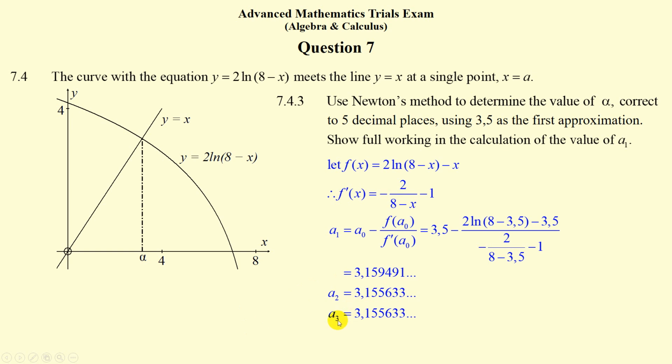And then we put recall memory in again, and we end up with exactly the same answer. So that's fine. We now have a repeat of the answer. We're not going to get any more accurate than that to 5 decimal places. So therefore alpha equals 3.15563.